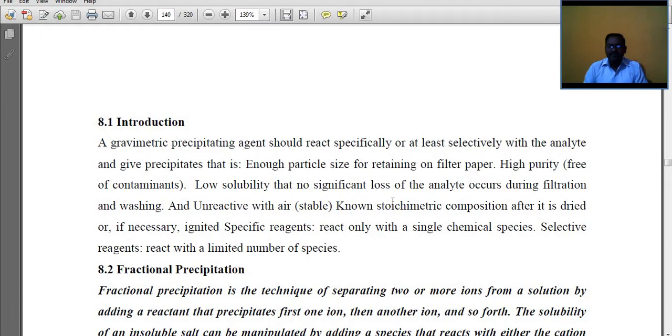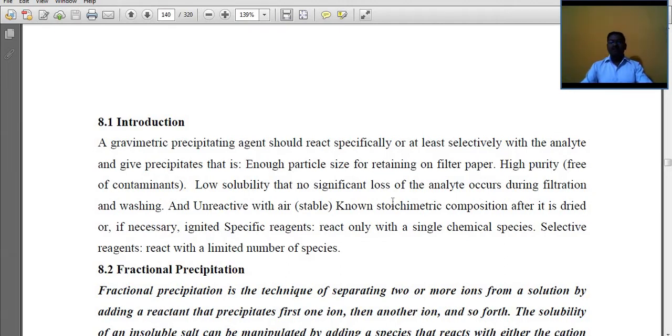and give precipitates of enough particle size for retaining on filter paper, high purity, and low solubility, so that no significant loss of the analyte occurs during filtration and washing.